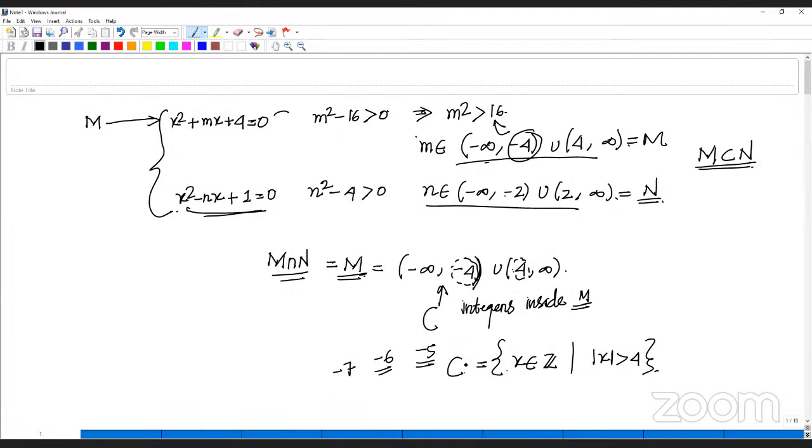But it can be minus 7 also, right? So it can be less than minus 4 also. True, so you take minus 7; minus 7 is also in C, right? Yes. So we write mod x. Achha, mod x, yes. Now I get it. I'm not taking x, I'm taking mod x. So if you take minus 4, minus 6, minus 7, they are also members. Yes, that's why I got stuck here.